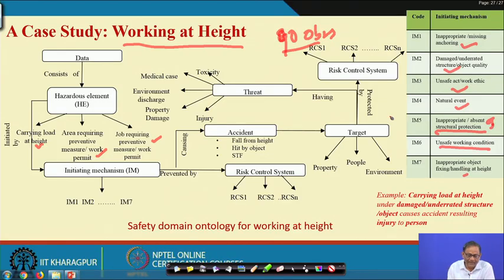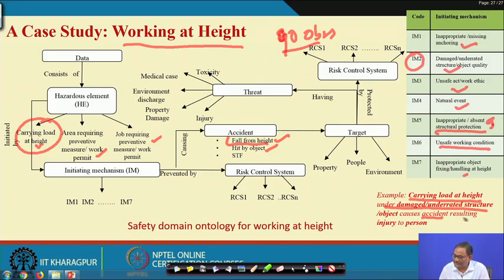Now, if I consider one hazard element with 7 initiating mechanisms, if possible, then 7 paths are created. Example, carrying load at height, this is my hazardous element. Under damaged or underrated structure, that is IM2, it causes an accident, it may be fall from height, let it be fall from height.